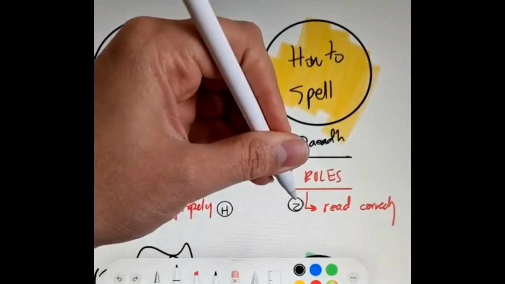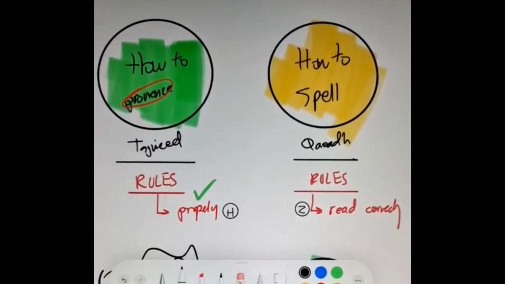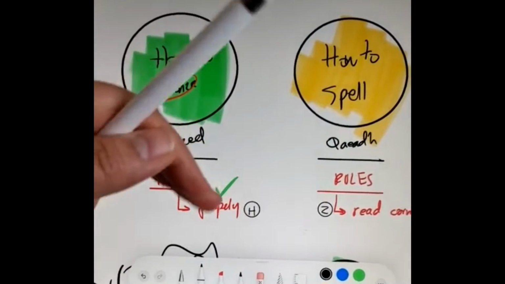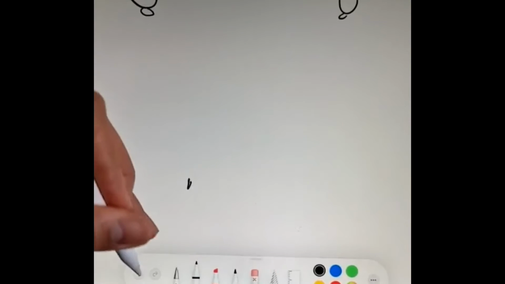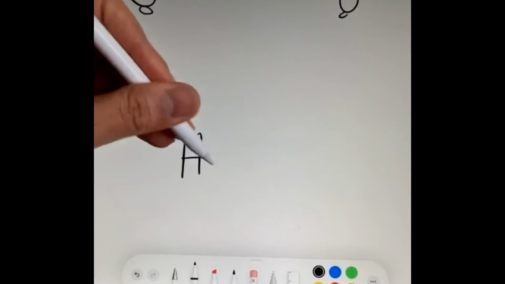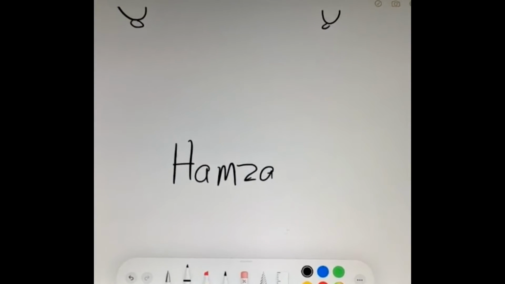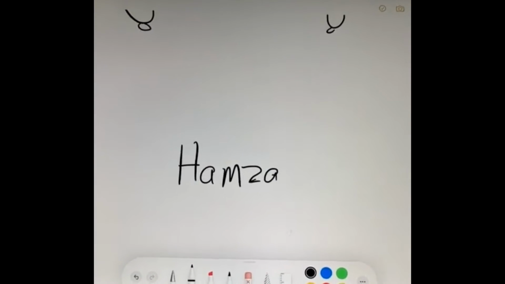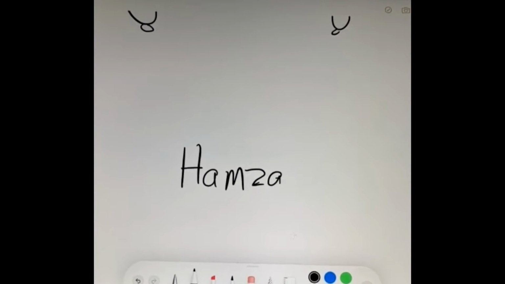Now reading is different from pronunciation. Reading is not the same as pronunciation. Let me show you the difference here. If I write this on the screen and I say read it, some people say Hamza, some people say Humza, some people say Hamza.